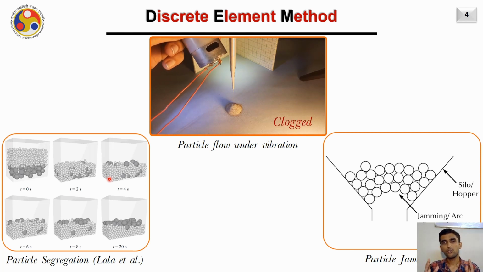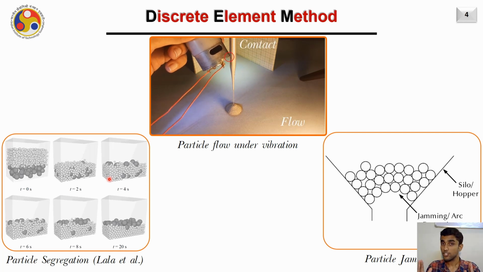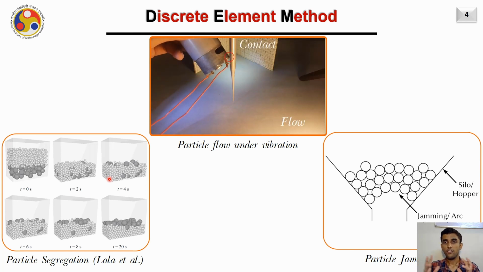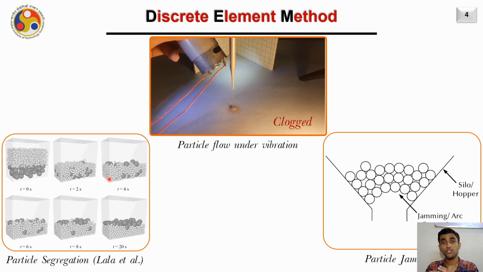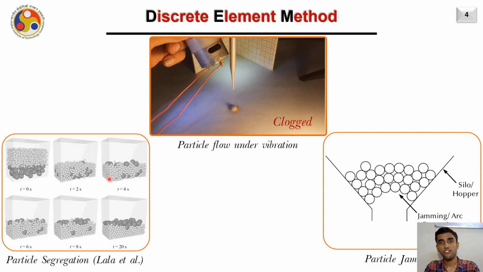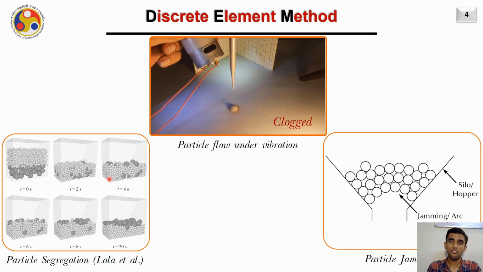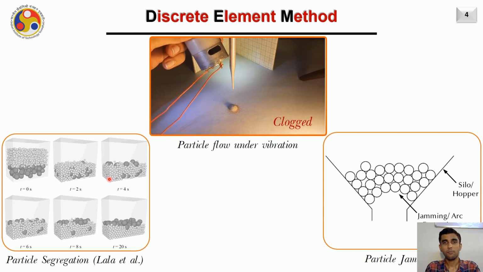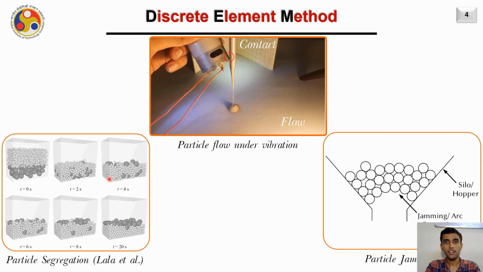If these two powder particles which are mixed together were to segregate in the recoating cycle, then you can imagine it would lead to several manufacturing defects which we don't want. So we need to understand how the bulk material behaves with the surrounding equipment material and how it behaves amongst itself.